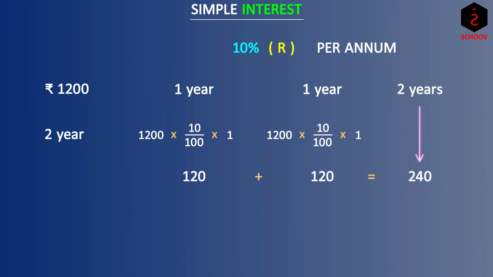Since it is calculated every year, hence it is per annum. And you can see that 240 is simply 2 into 120. And that is why to calculate for more years, instead of calculating separately for each year, we just multiply by the number of years. It is one and the same thing. It gives the same answer.